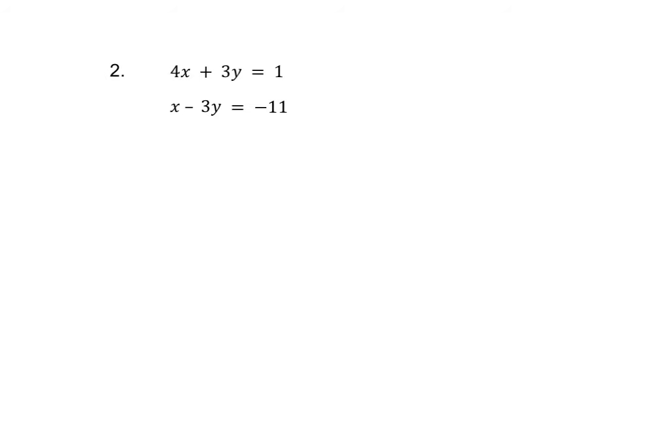elimination. We want to line up our x's and our y's, draw our river for our equal sign, and then our constants, which are our numbers.